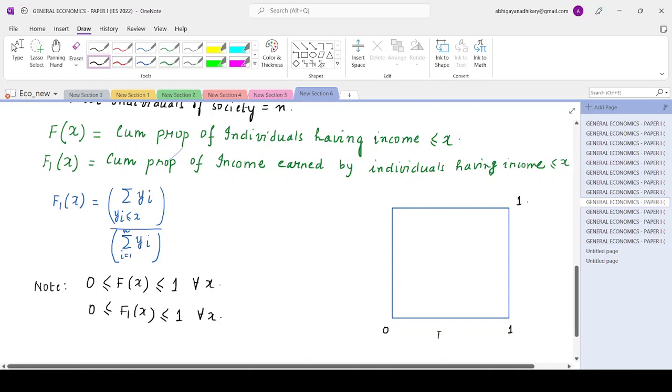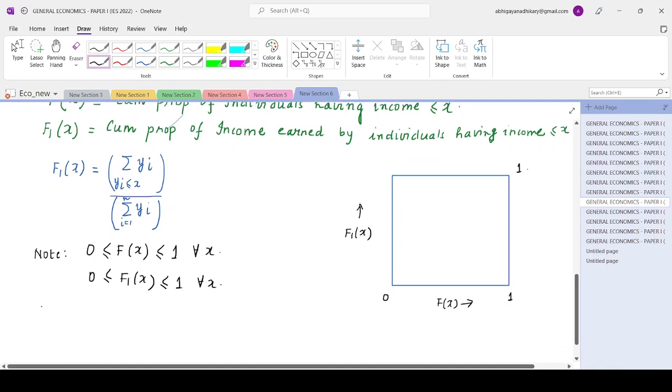On the horizontal axis, you will be plotting F of x, and on the vertical axis, you will be plotting F1 of x, right? So the Lorenz curve is basically when you plot F1 as a function of F. This is basically the definition of the Lorenz curve. Now you will observe that it will be basically convex to the origin. It will always start from 0 and will converge at 1.